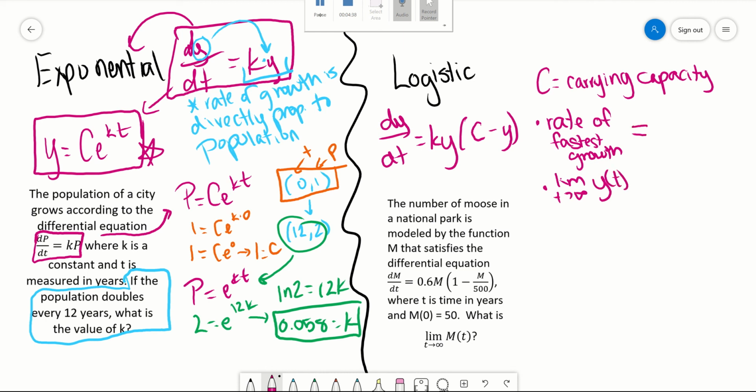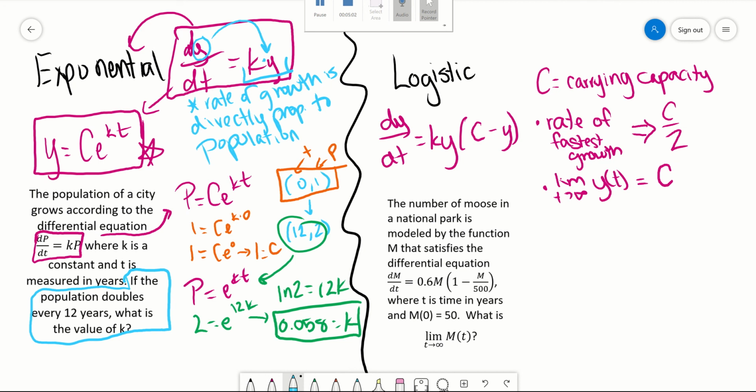So the rate of fastest growth will always occur when you have the carrying capacity divided by 2. So if your carrying capacity is 500, the rate of fastest growth is at 250. If your carrying capacity is 1,000, your rate of fastest growth is at 500. Then your limit as you approach infinity is always the carrying capacity.